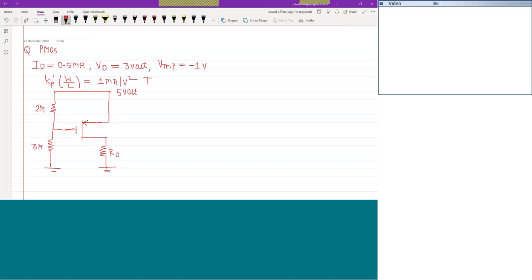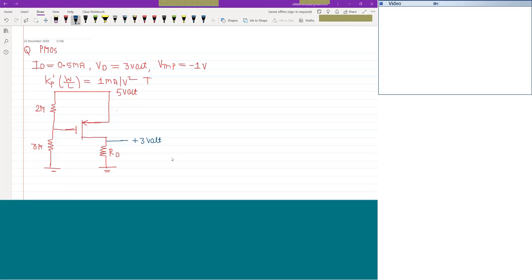This is RD. And what else can I say? I can say that VD is equivalent to plus 3 volt.